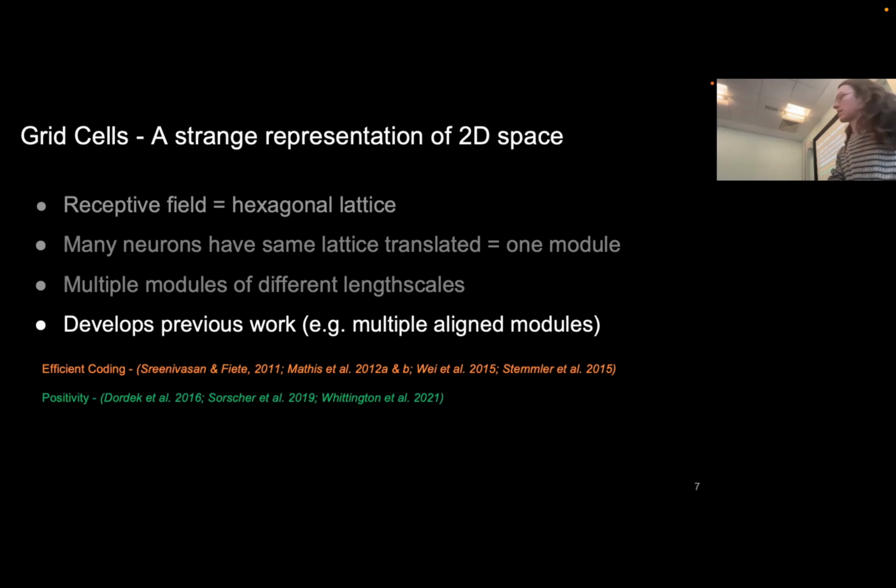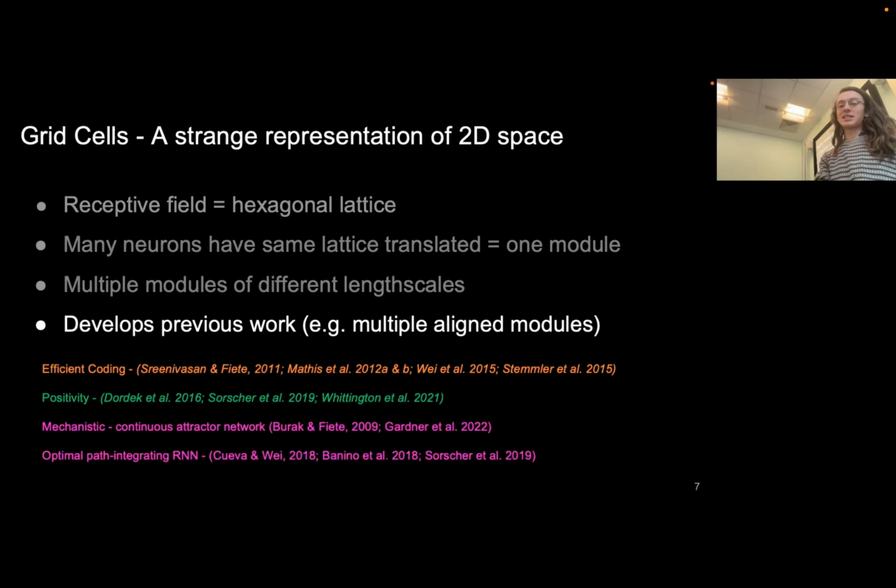Positivity has popped up in a lot of these theories of grid cells and will play a similarly important role for us. And then actionability may be related in a not so obvious as yet way to the mechanistic underpinnings that people have found, which are continuous attractor networks. So you can see these two as one's the mechanism, and hopefully ours is more normative, but hopefully they're linked in some way.